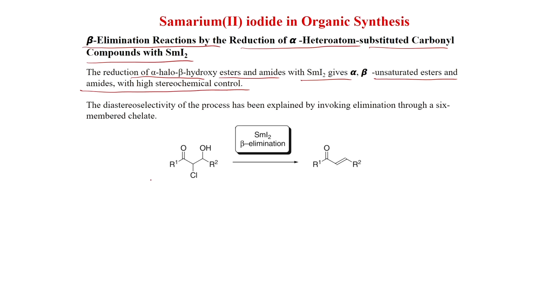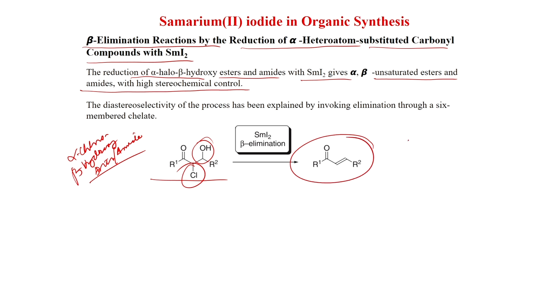So, like this is alpha chloro beta hydroxy ester or amide. Under this condition, samarium iodide, beta elimination can happen and you can get this alpha beta unsaturation.